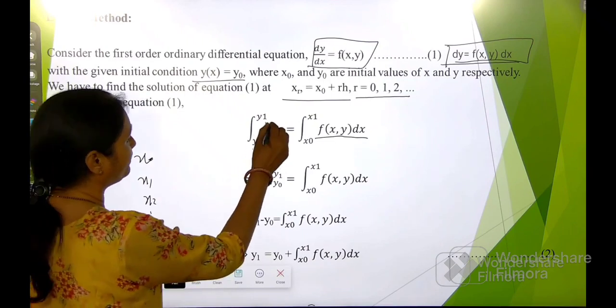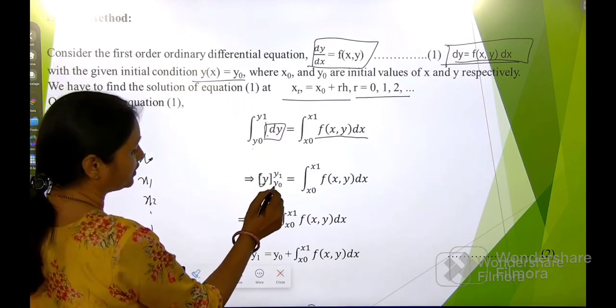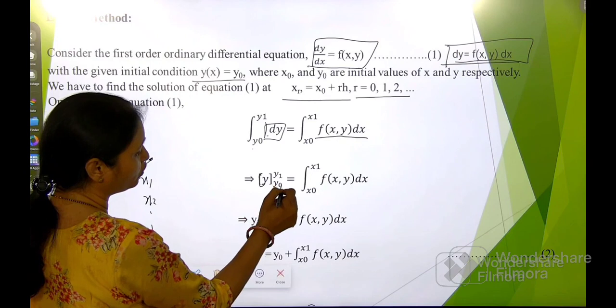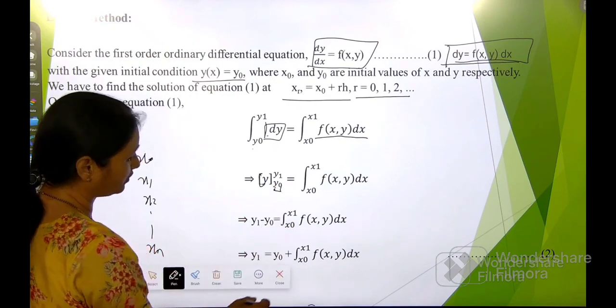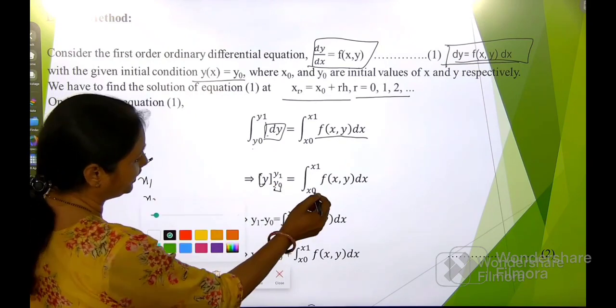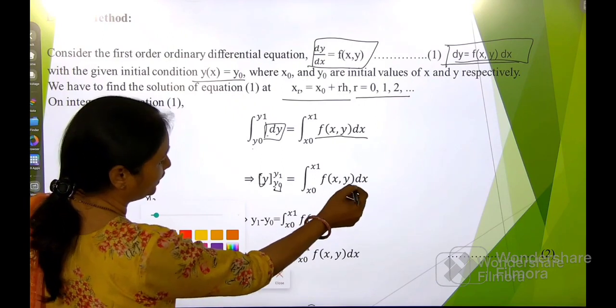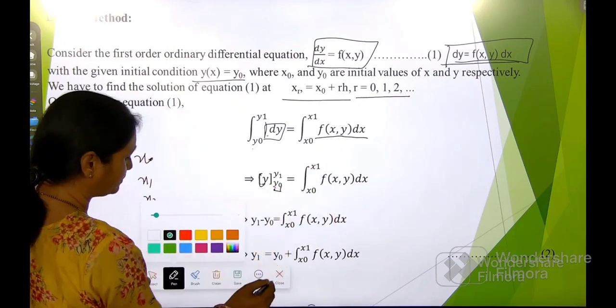Now integrating dy we get y with the limit y0 to y1.